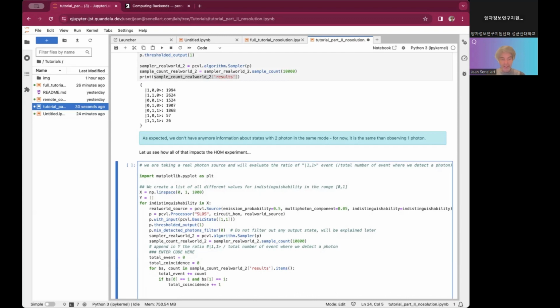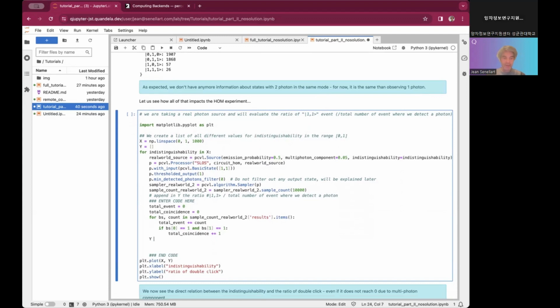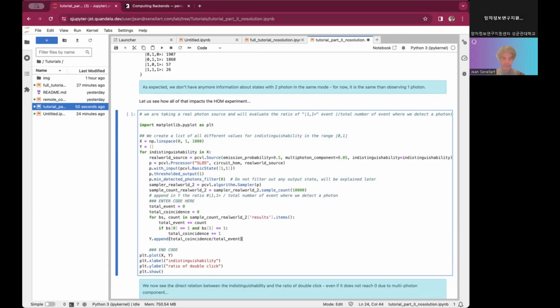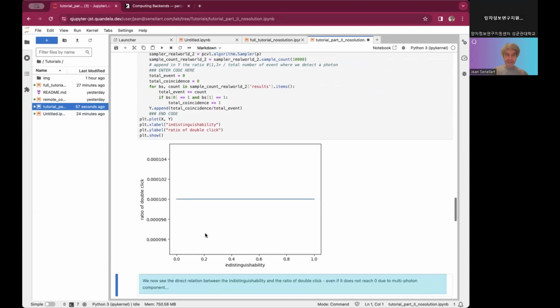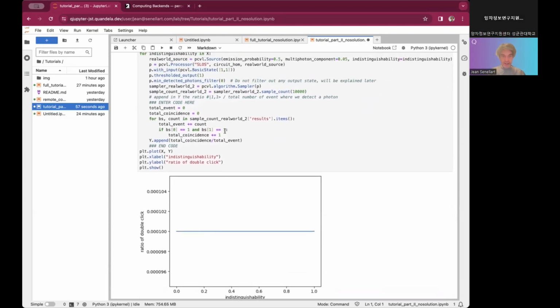And that's all, basically. I will append total coincidence to Y. Okay, that's all, and I'm displaying that. And this is not +1, this is plus count.